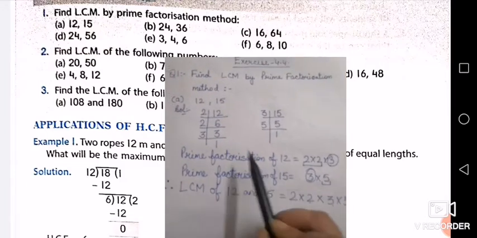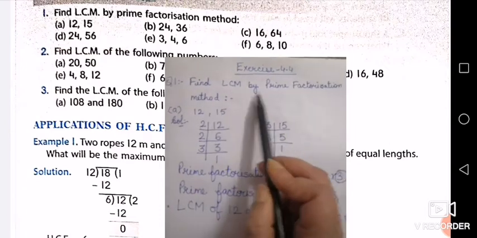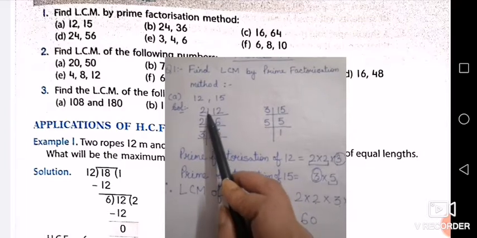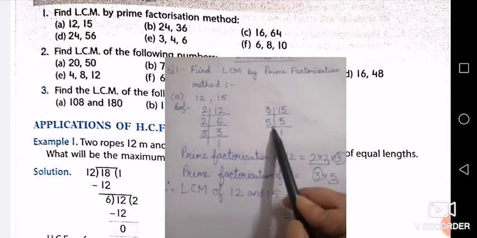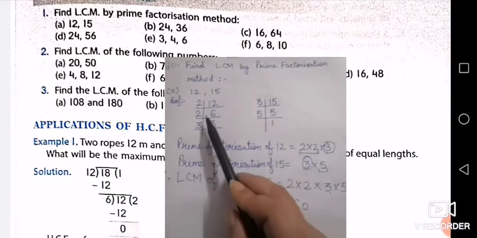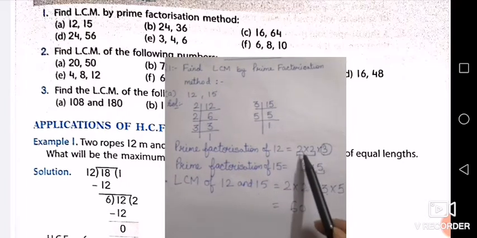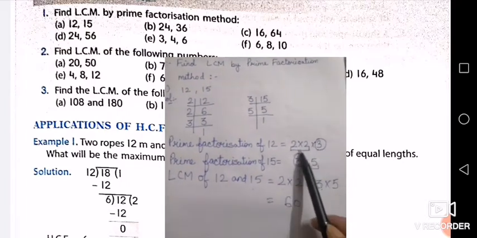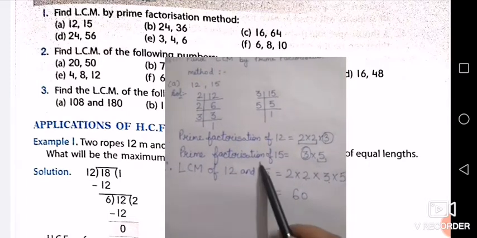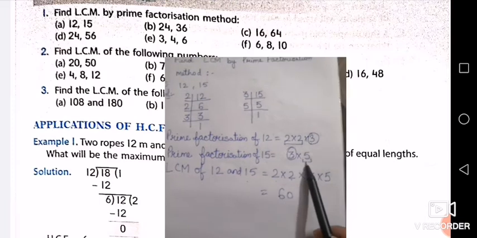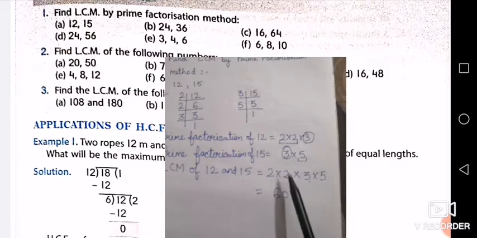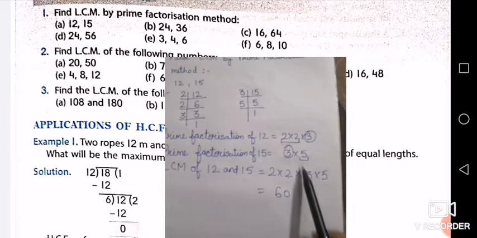Let's understand this question again. Find LCM by prime factorization method. First step is to find prime factors of both the numbers. Then we'll write the prime factorization of 12, that is the product of all the factors. Then we will write the prime factorization of the second number, 3 multiplied by 5. Now here you will find only one common factor, that is 3. That will be written only once.